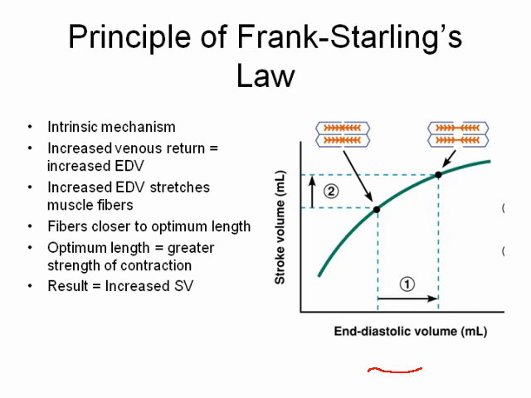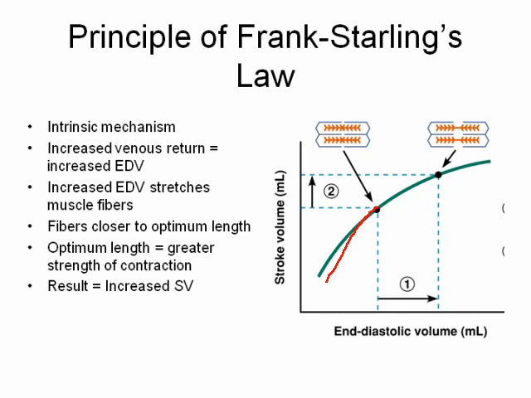So as we bring more blood into the ventricle, we stretch our sarcomeres out. But again, there is an optimum length in skeletal muscle, so there is an optimum volume in cardiac function. If we stretch it too much, the tension starts dropping off.